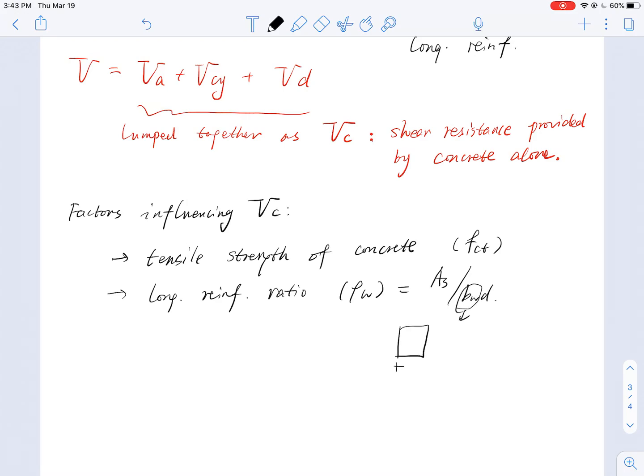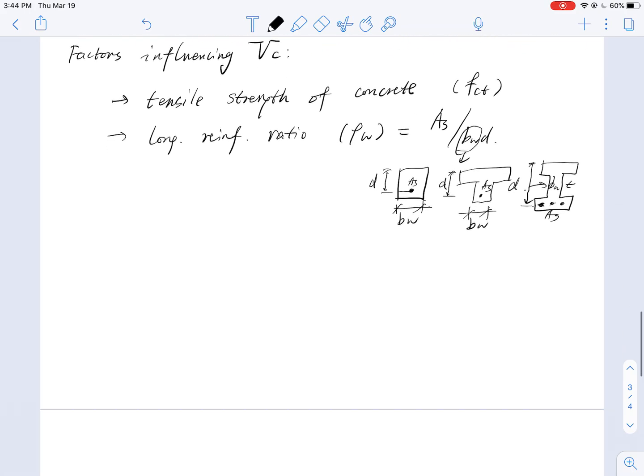Notice that this bw for rectangular is this, for T-beam is this, for I-beam is this. Quite different. But the d is always the depth of the bar. All right, so these are two factors.